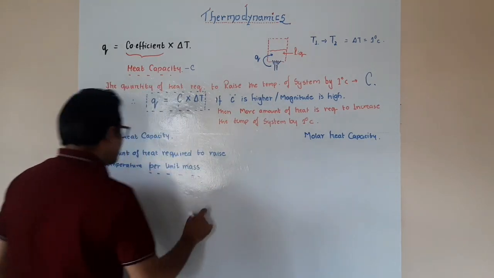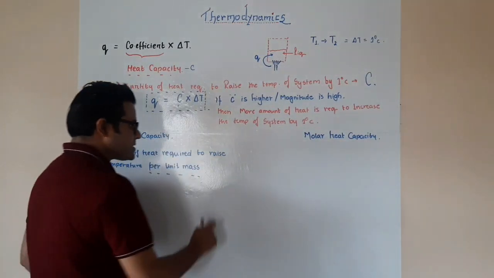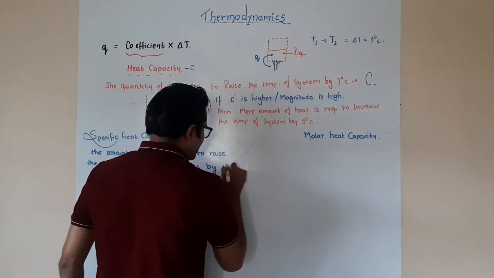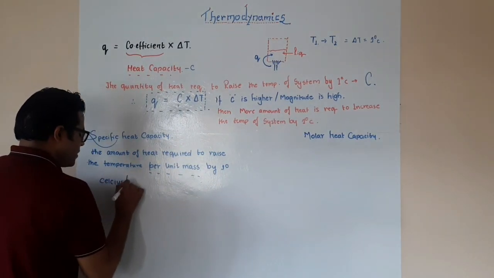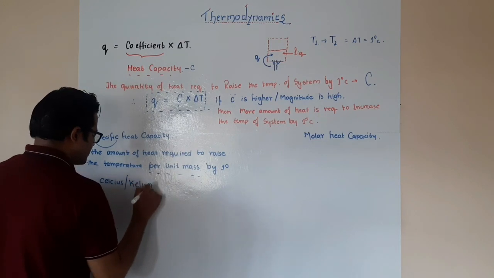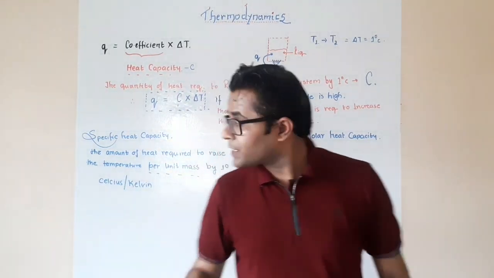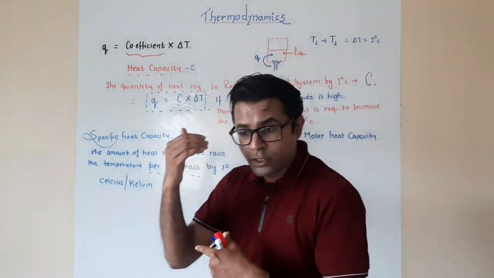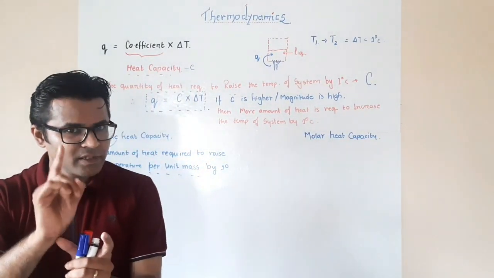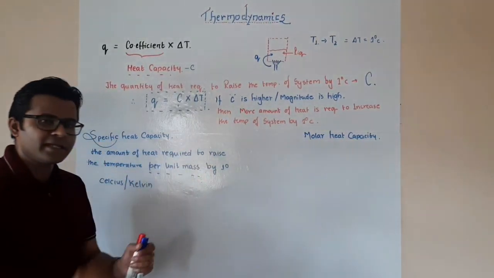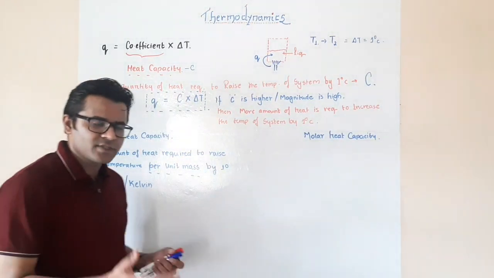See, what we are speaking of here is per unit mass. You are going to increase the temperature of a unit mass by 1 degree Celsius, or Kelvin. So specific heat capacity is nothing more than the amount of heat required to raise the temperature of a system having a unit mass by 1 degree, given either in Celsius or Kelvin.